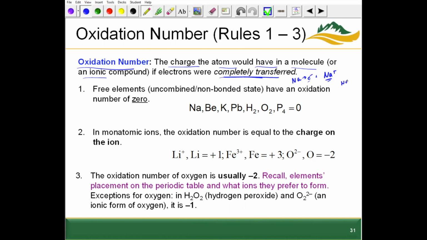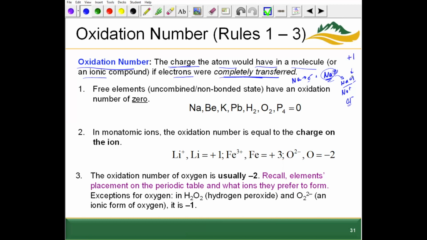So if we had a molecule or ionic compound like sodium chloride, then here we're asking about the oxidation number on sodium in the compound, meaning the charge the atom would have if electrons were completely transferred. If Na has transferred one electron to chlorine for this to become Na plus and Cl minus, where Cl takes on another electron, the oxidation number of sodium in NaCl is +1.